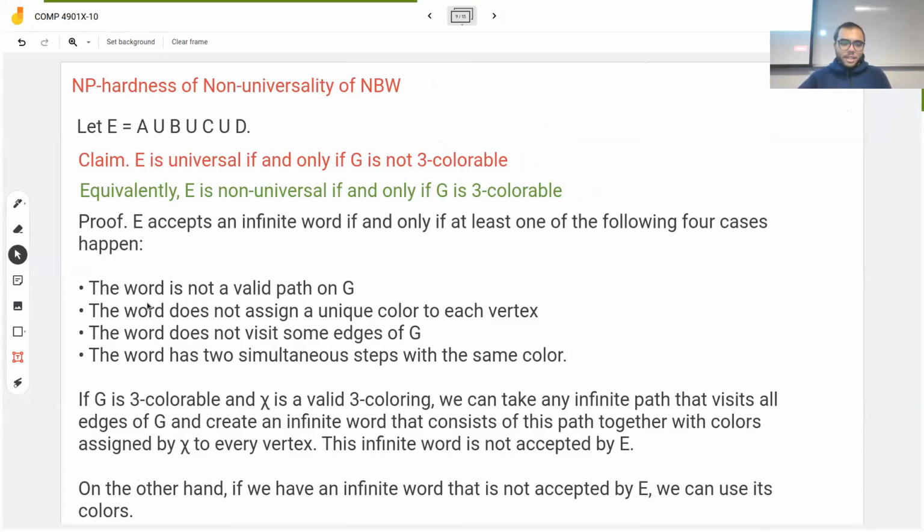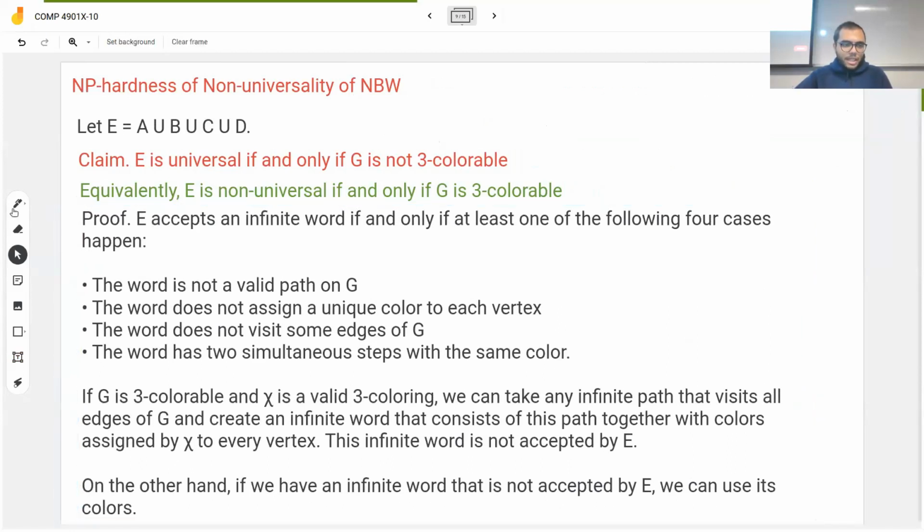Okay? We will get back to that. But before actually doing that, let me go through the claim. My claim is that this automaton E is universal if and only if G is not three-colorable. Or another way to say this is that E is non-universal if and only if G is three-colorable.